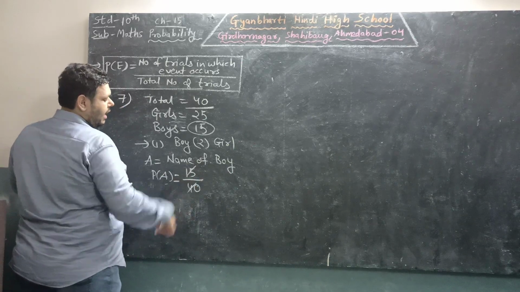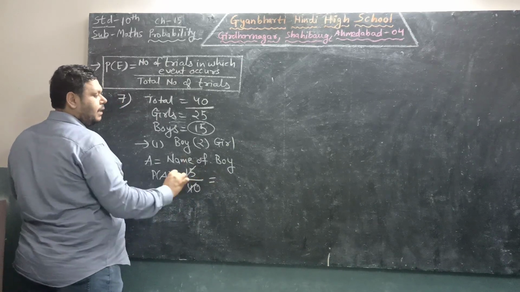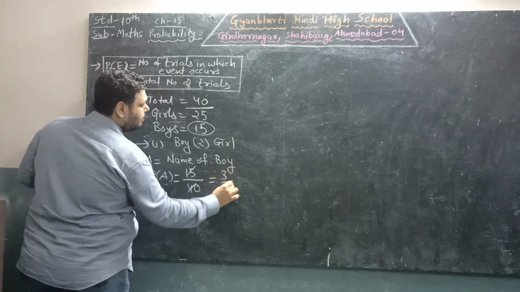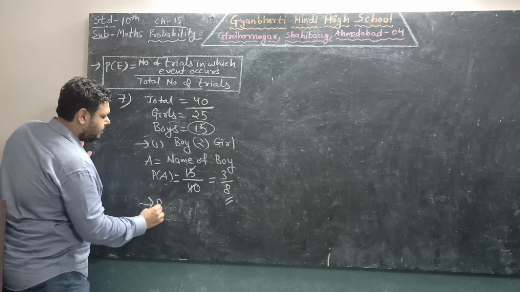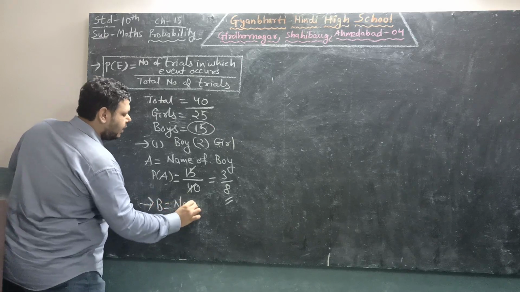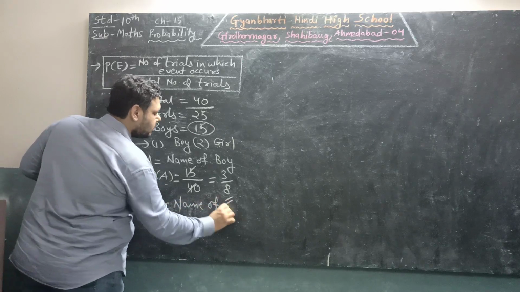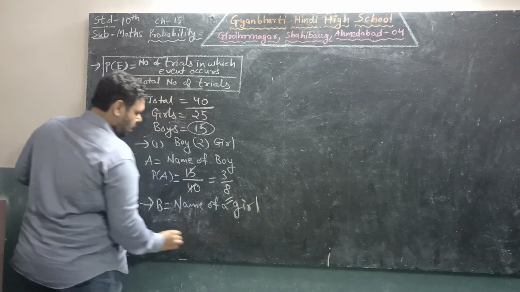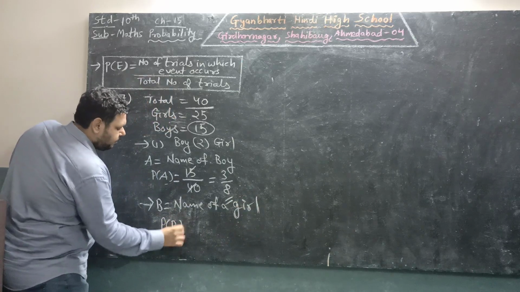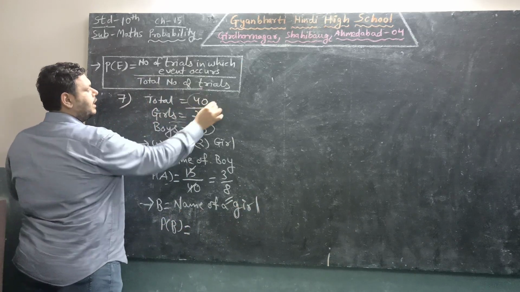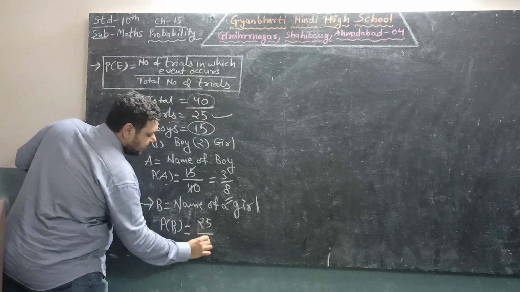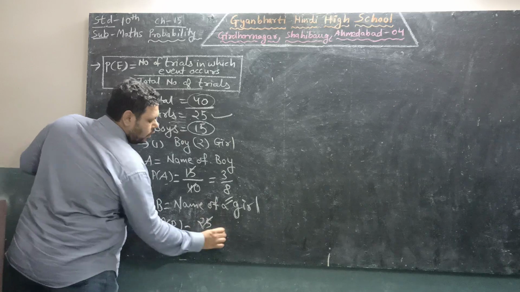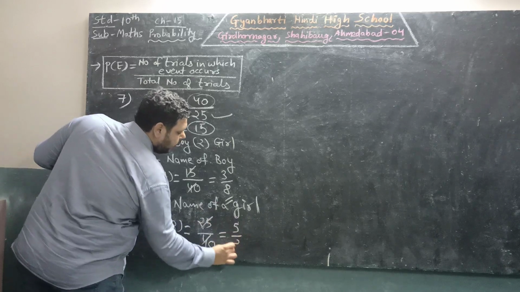After reducing by 5 table, we will get 3 upon 8. Event B, that is name of a girl. Probability of B: out of total 40 students, there are 25 girls. So 25 upon 40, we will get 5 upon 8.